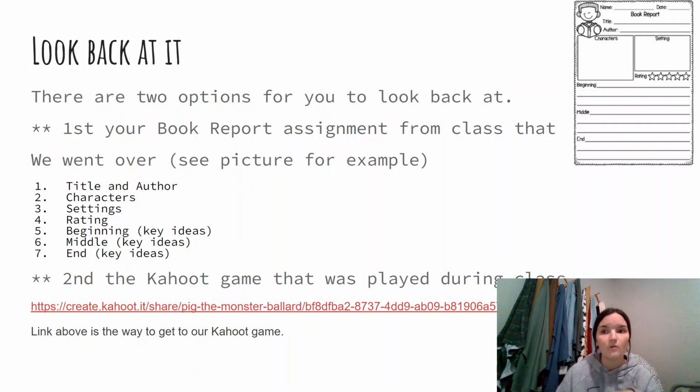It has the title, the author, and then the characters, the settings, the rating, and then you're going to do the key ideas of the beginning, the middle, and the end. Because remember, we described that one book today and we talked about everything we liked in the book and everything that stood out in the book.